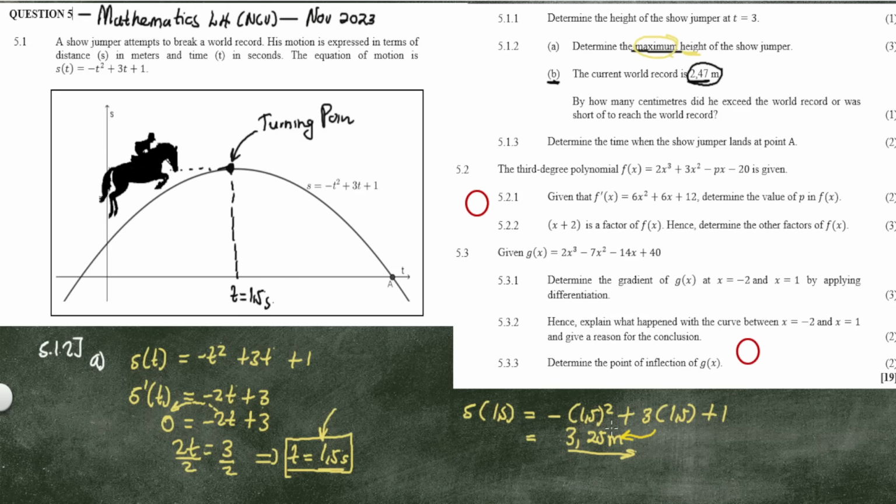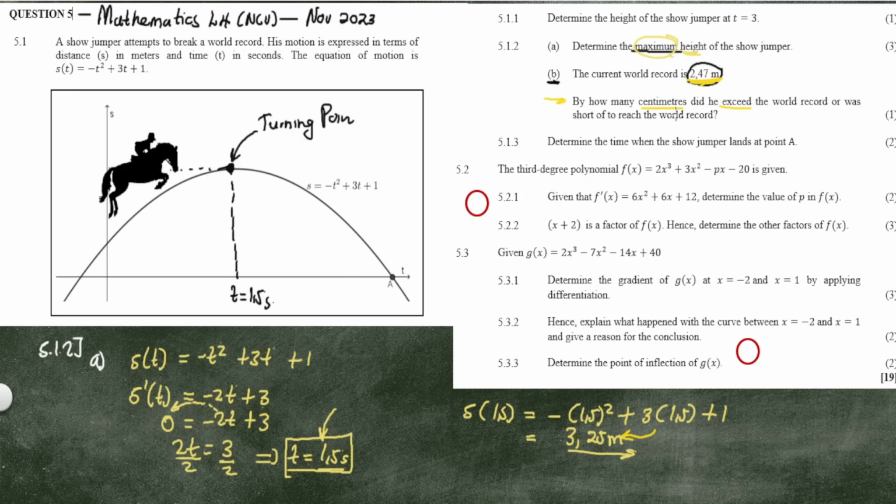So we set a new record. Now group B, they are asking by how many centimeters did he exceed the world record, or was short of reaching the world record. In fact, he exceeded the world record. So we set a new record.